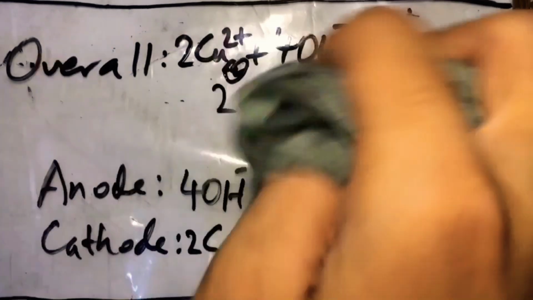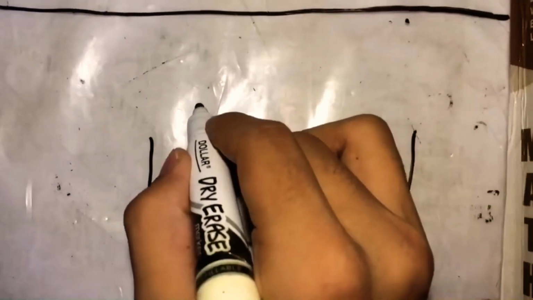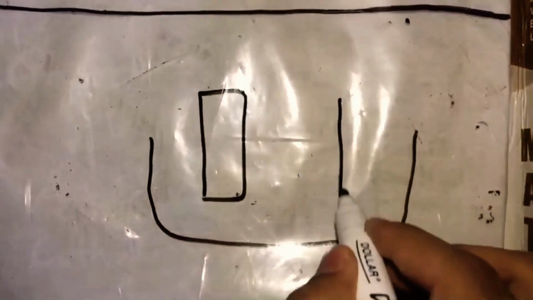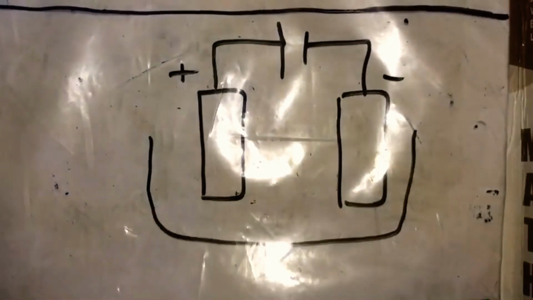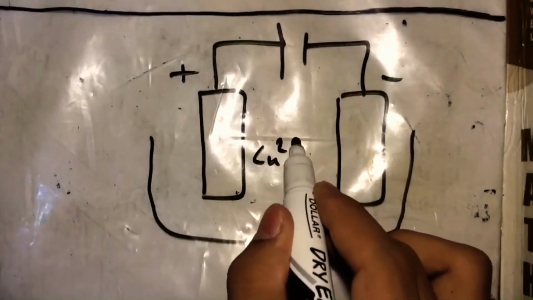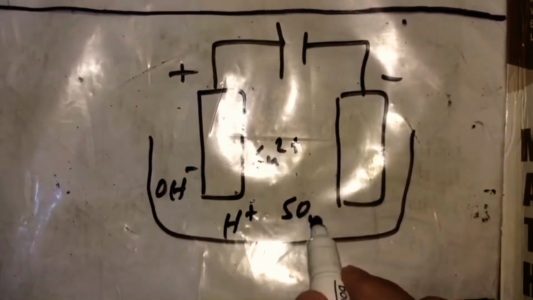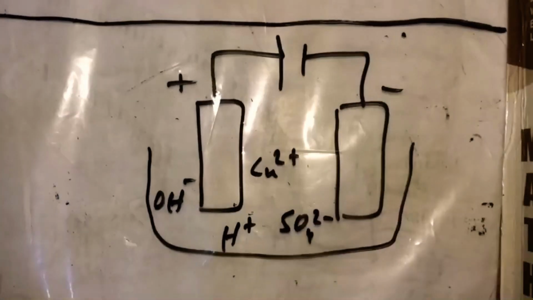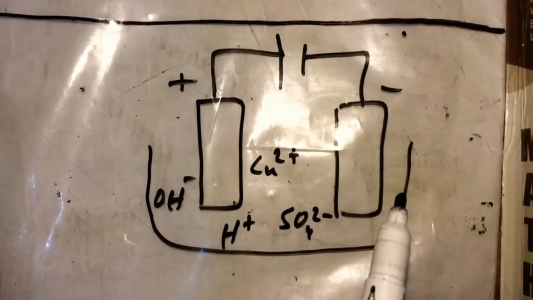So showing this diagrammatically, these are the ions present. Sulfate and hydroxide move towards the anode, copper and hydrogen move towards the cathode.